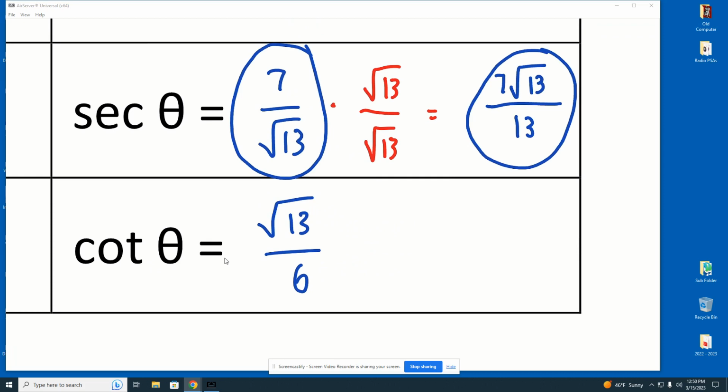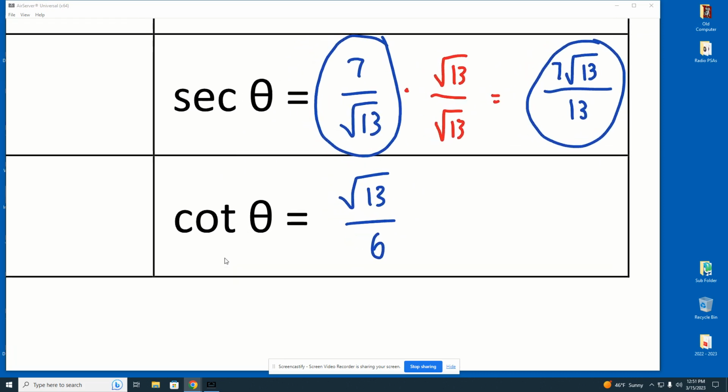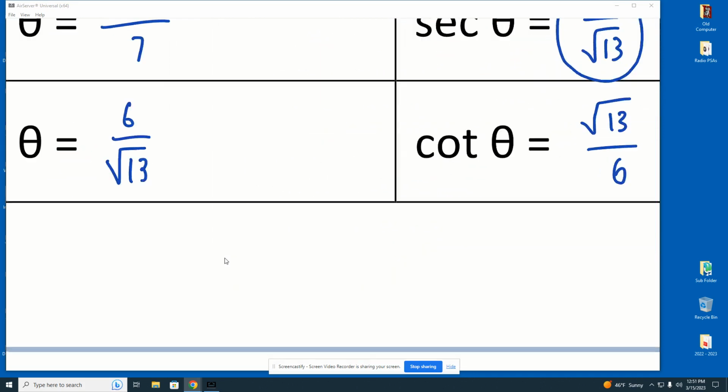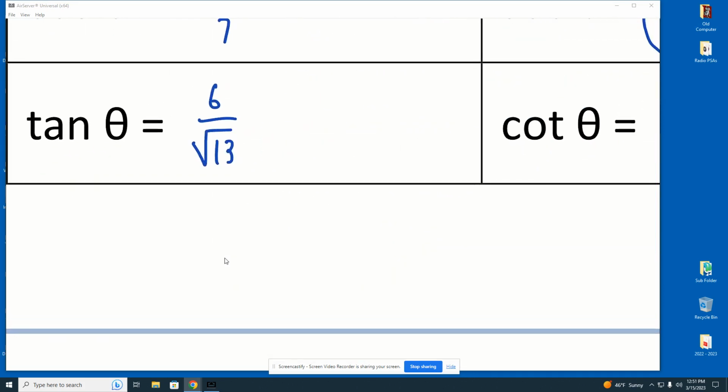But technically, the correct answer for secant of theta is 7 square root of 13 over 13. And most of you guys are so smart, you get in the hang of just looking at tangent of theta, for example, and you know the answer is what? 6 square root of 13 over 13. See? You just multiplied the top and the bottom by square root of 13, and it canceled that radical on the bottom.